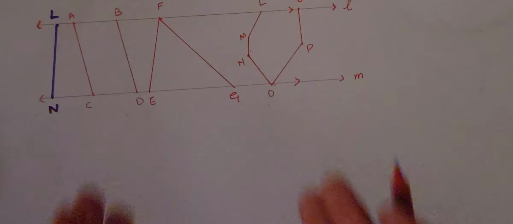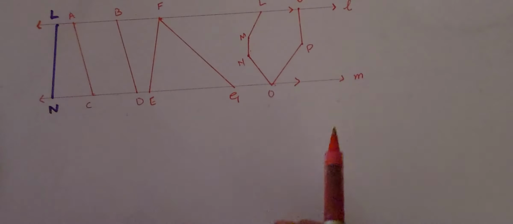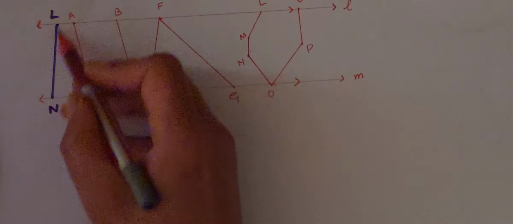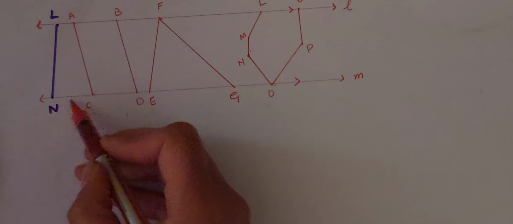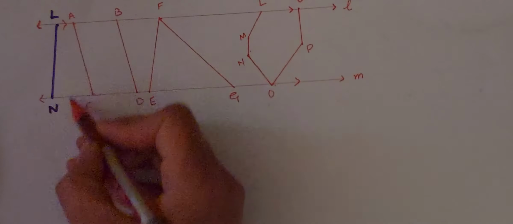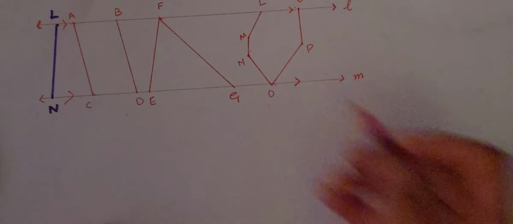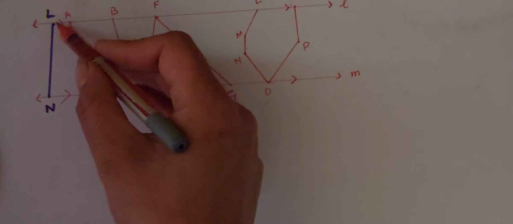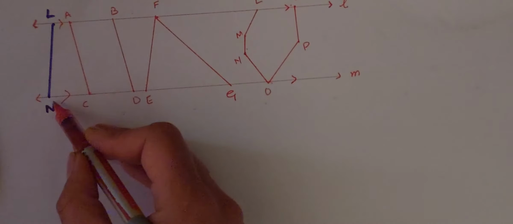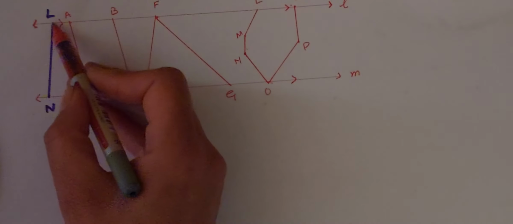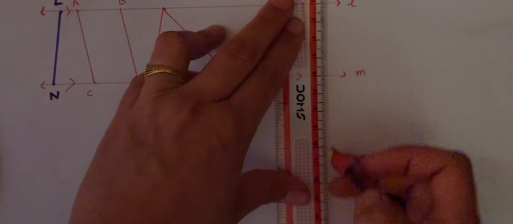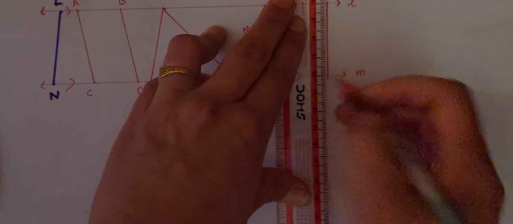It depends upon which one you are choosing as the base. But here the height of this trapezium, as this is given parallel to this, here I have put the marks. So the height of this trapezium with respect to base NC or with respect to base LA is actually the perpendicular distance between these two lines.